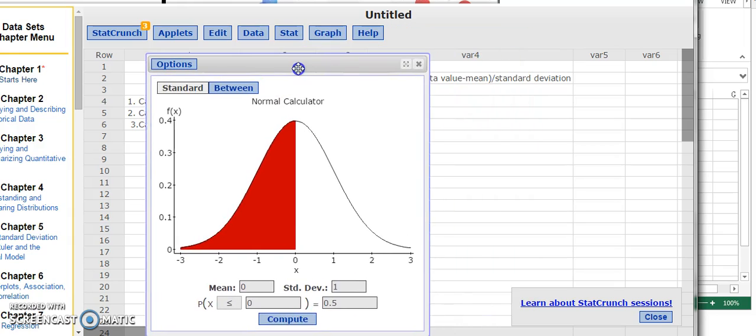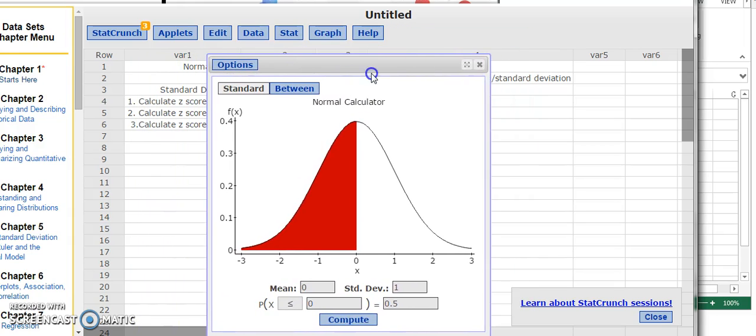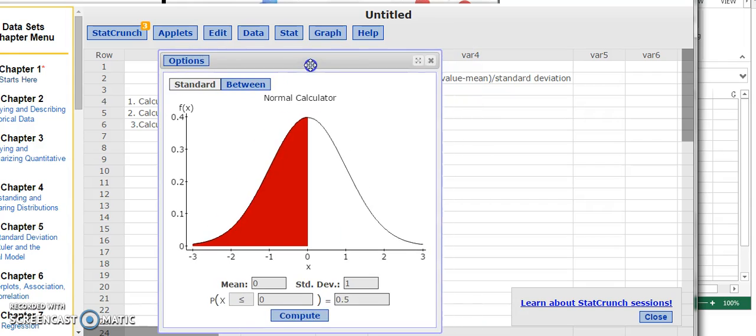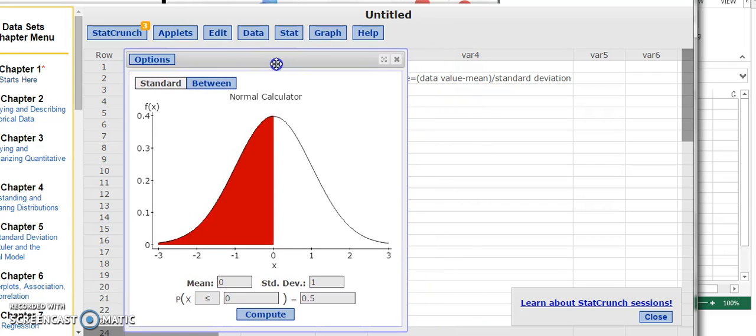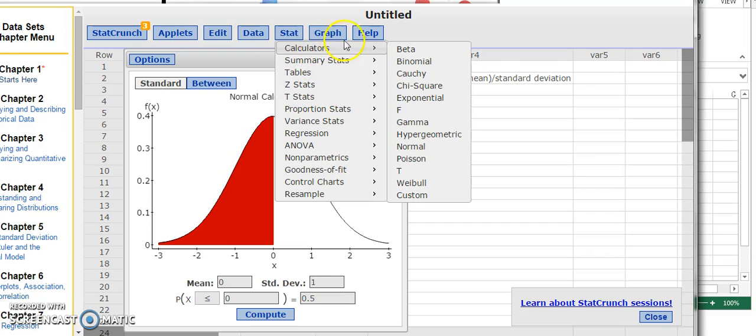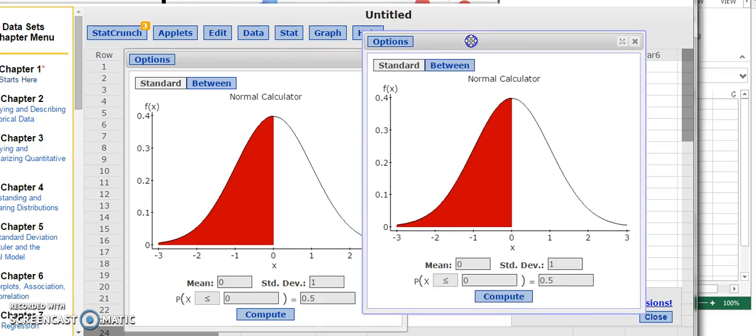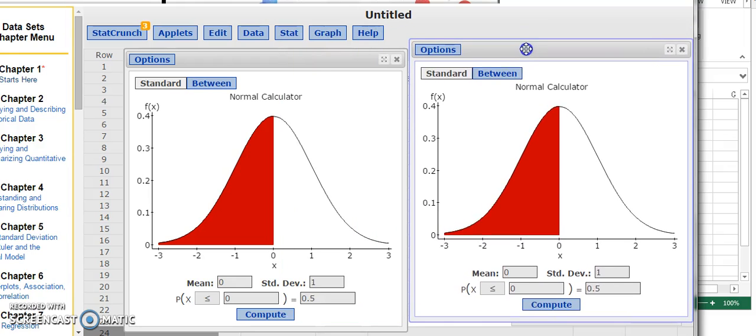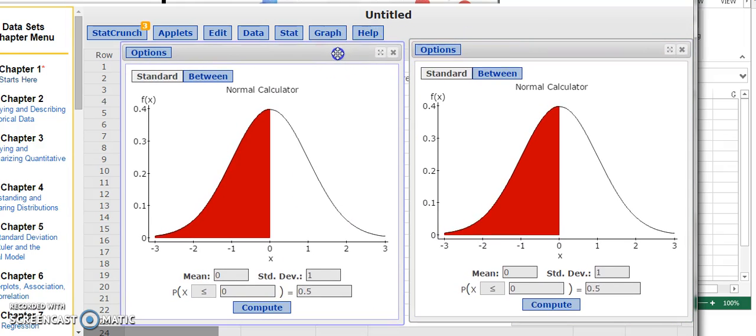Another property you also need to know is that the z-score has a normal distribution with mean 0 and standard deviation 1. That's where we can use StatCrunch to calculate z-score. To do this, we need two windows. Calculator, Normal. We're opening up two panels for calculating z-score.